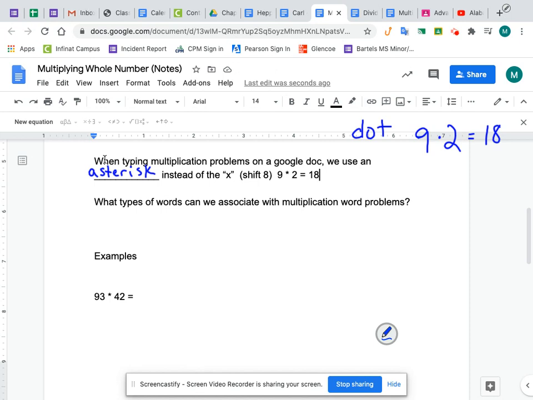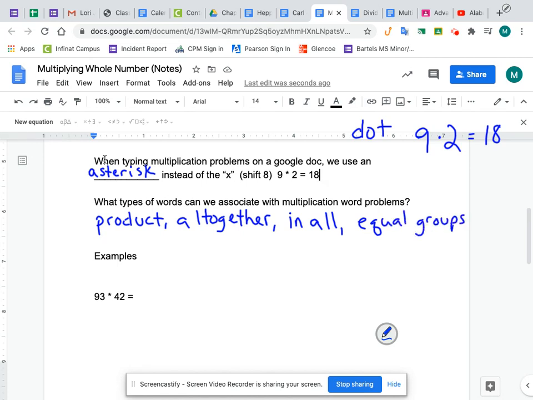Some words we can associate with word problems are the word product, altogether, in all, equal groups, and then probably two of the easiest ones, double and triple.